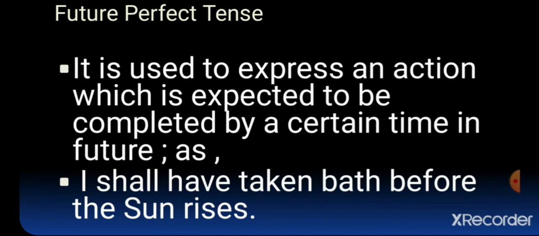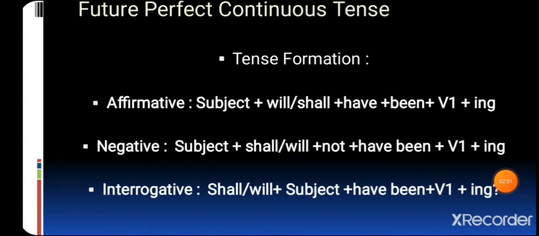Okay, students. Now, students, future perfect continuous tense. Students, let's see the formation first of all. To form affirmative sentences, students use subject plus will or shall plus have plus been plus verb's first form plus ing. Then students, to form negative, subject plus will or shall plus not plus have plus been plus verb's first form plus ing.